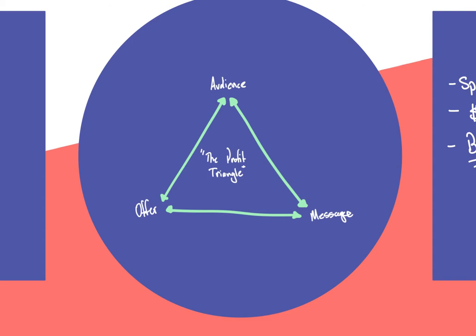Okay, but if you have, let's say, your audience dialed in and your offer dialed in, you can have good performing ads, but they might not be great. They might not be 10x return on ad spend level ads. So if you are to now dial in your messaging, which is that third element, that will help you communicate with your audience in a more effective way so that they're more likely to take your offer, whether it's a lead magnet, a purchase, an application, whatever it is.